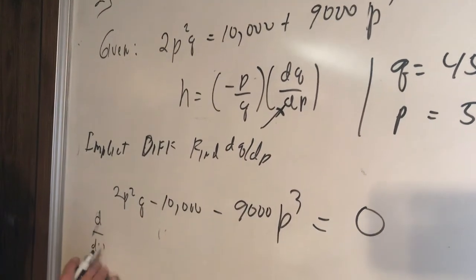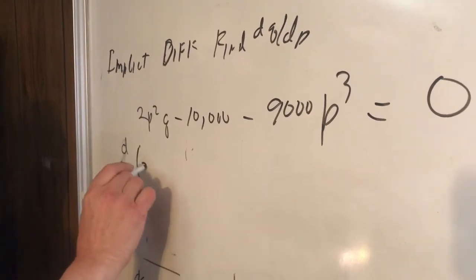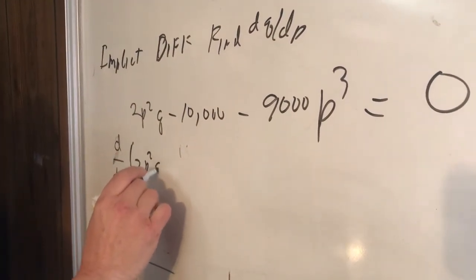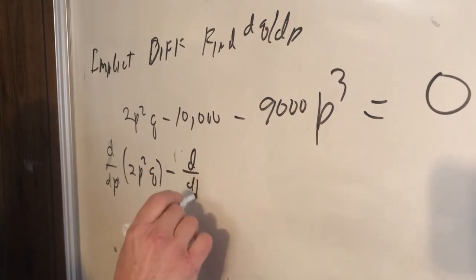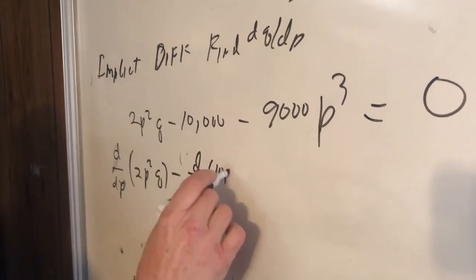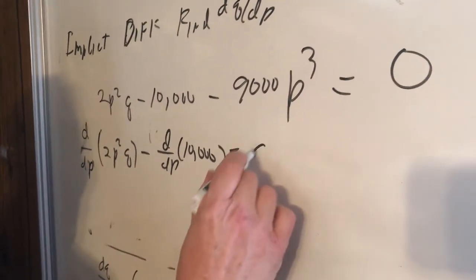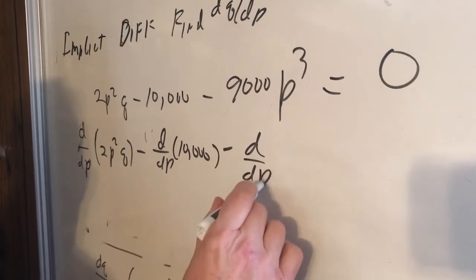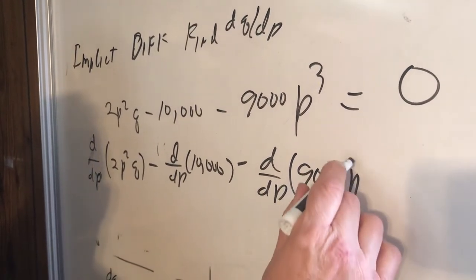So I'm going to do everything with respect to P, and this is 2p squared q minus d/dp of 10,000, which is going to be 0, minus d/dp of 9,000 p cubed.